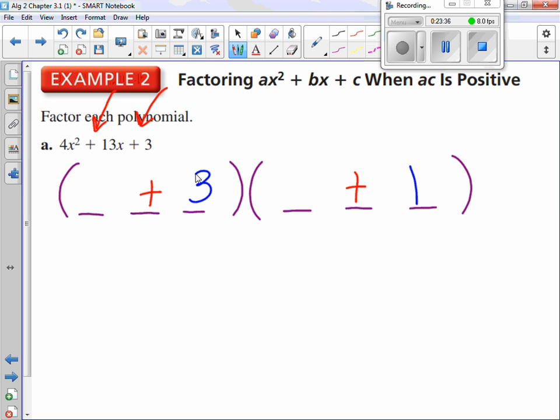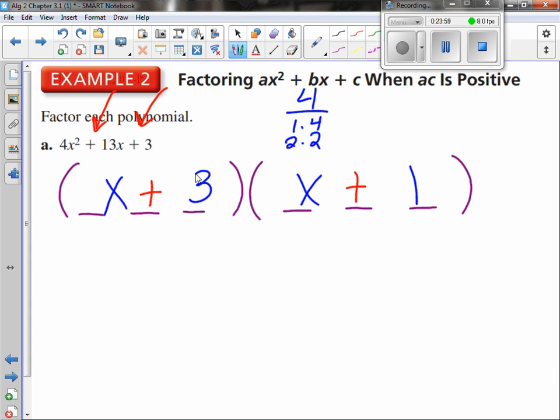Now, the first term is 4x squared, yes? Well, 4 has some factors. Because we can have 1 and 4 or 2 and 2, yes? But it's 4x squared. Well, x squared is what? X and x. There's no way that changes, correct?